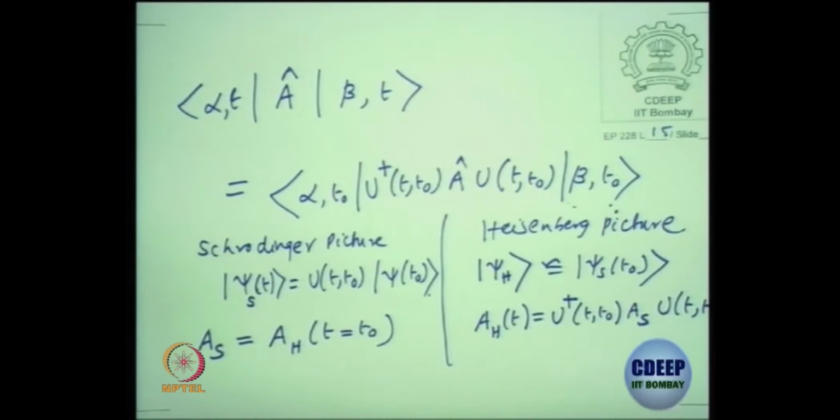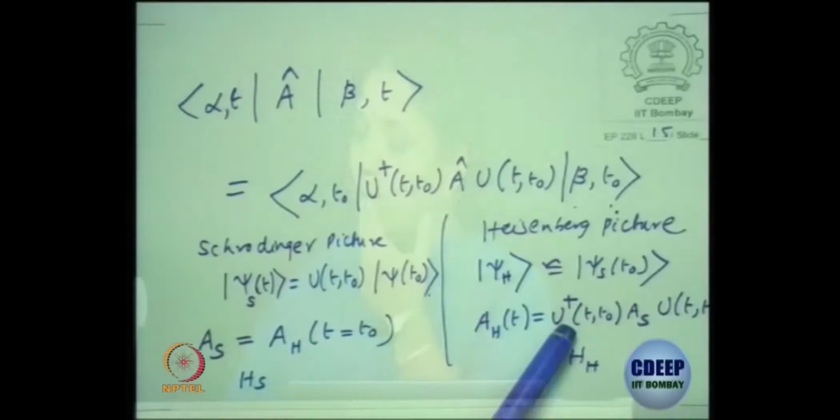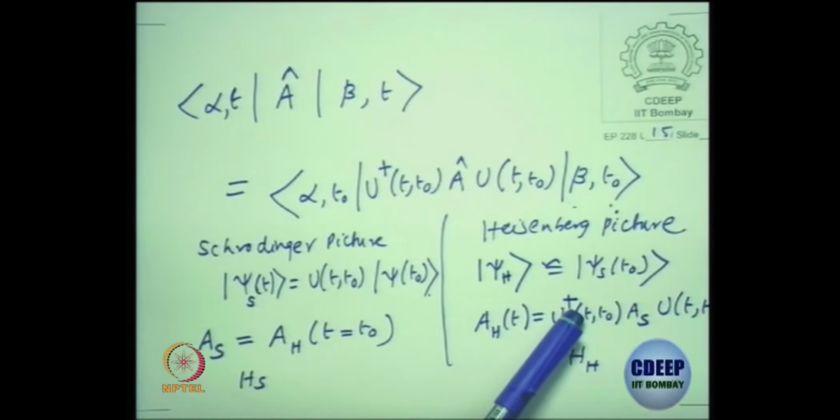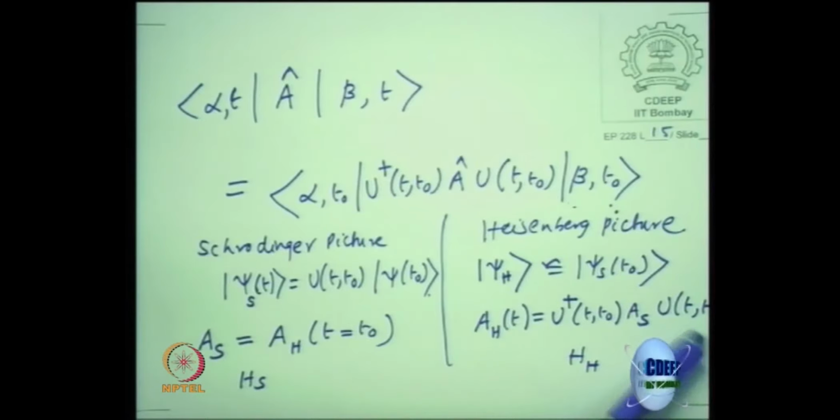What happens to the Hamiltonian? H_S here and H_H here, are they different or are they the same? Why? This involves the exponential of the Hamiltonian operator. They will commute. U dagger U is identity, right?